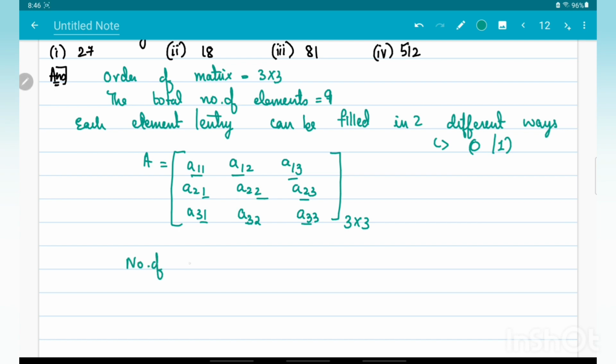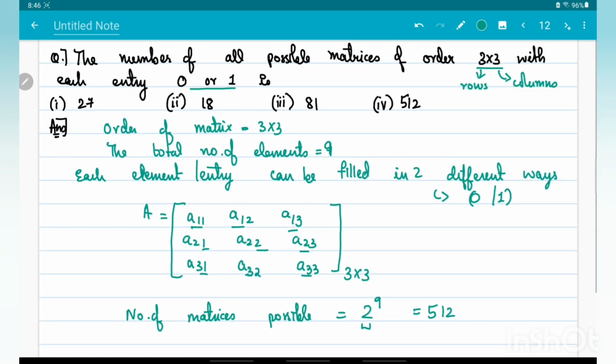So the number of matrices possible will be equal to 2 to the power 9, because you have only 2 ways to fill, either 0 or 1, and you have 9 different places to be filled. So the number of possible matrices will be 2 to the power 9, that is equal to 512. So your correct option is the fourth one, 512.